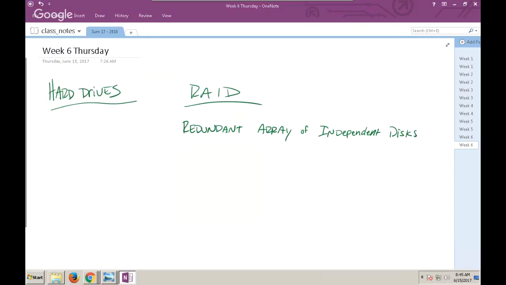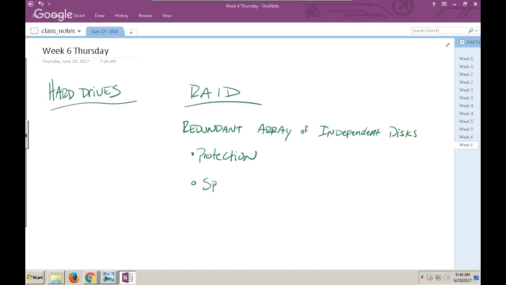Now, the idea behind RAID is to do one of two and sometimes both things. RAID is not meant to function as a backup. Oftentimes people pretend that it is. It shouldn't be, at least if they're smart, because RAID can fail too. But the idea behind RAID is to either provide protection to data or to provide enhanced availability or advanced speeds.